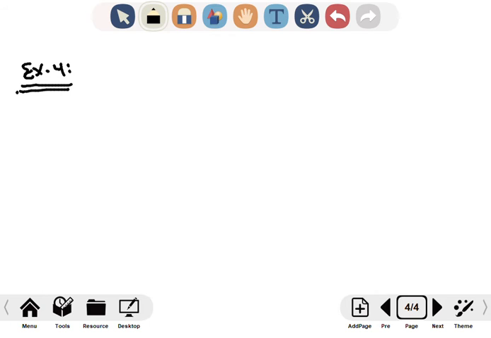Okay, solve half x minus 11 equals negative 8 by graphing. It says by graphing, but I don't want to solve it by graphing. I want to solve it algebraically, okay?